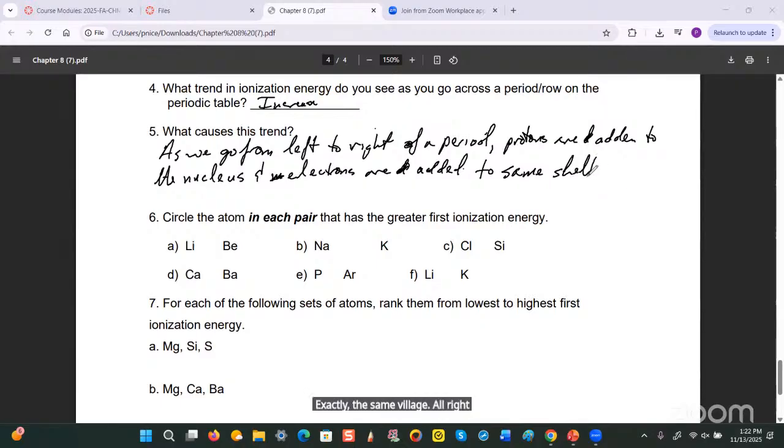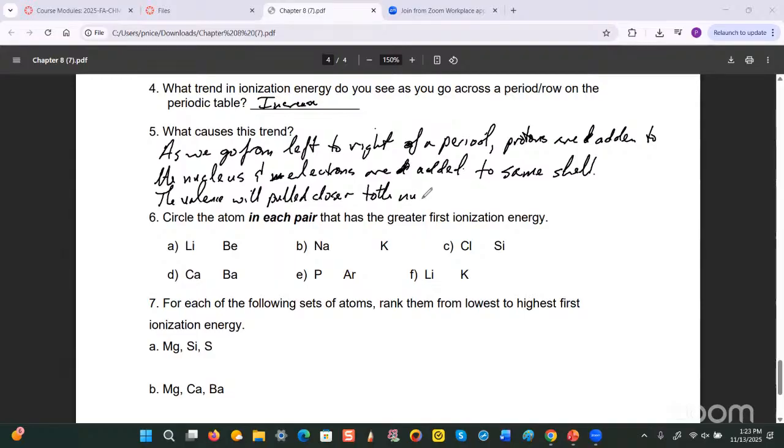Since you're adding electrons to the same shell, the screening effect will be the same for the electrons in that shell. So as a result, the valence electrons will be pulled closer to the nucleus and become more difficult to remove.